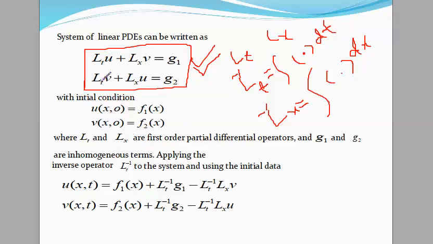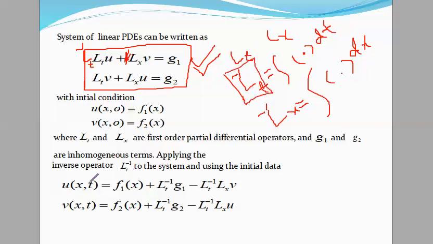Now once we apply these invertible operators on these equations, L inverse t, L inverse x, we just apply one invertible operator on both the partial differential equations, and that invertible operator is LT in this case.